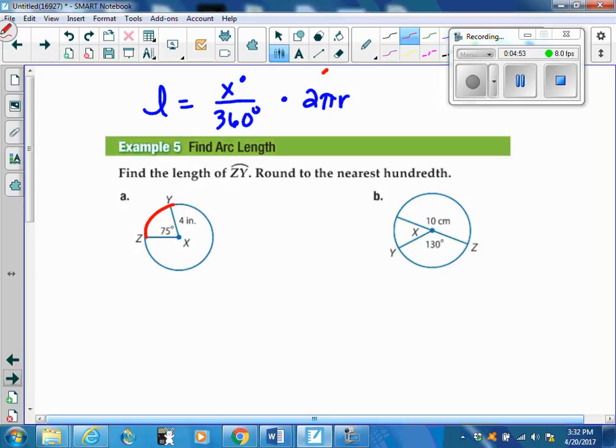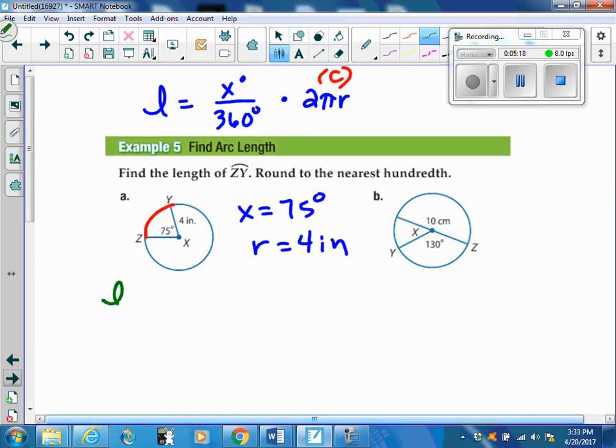And I'm just going to put up here, remember that that's our C for circumference. I actually know all of this already. I've got my x, so my x is 75 degrees. That's how much of the circle is taken up by the arc. And I need the radius as well, which is 4 inches.